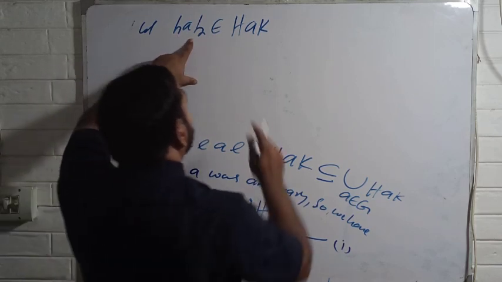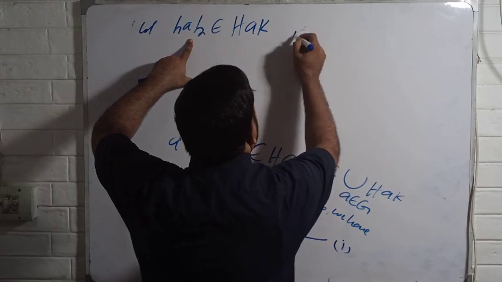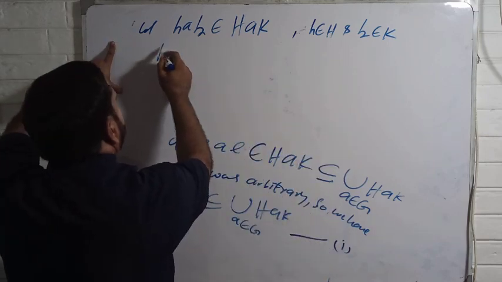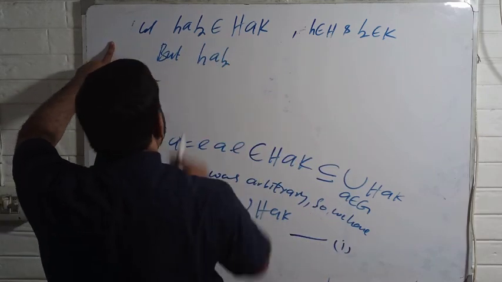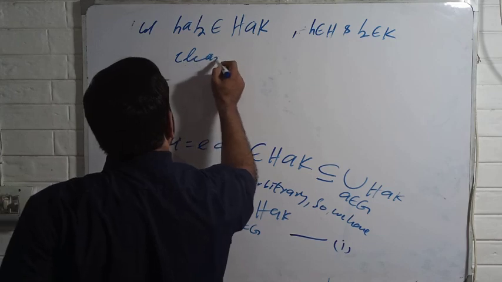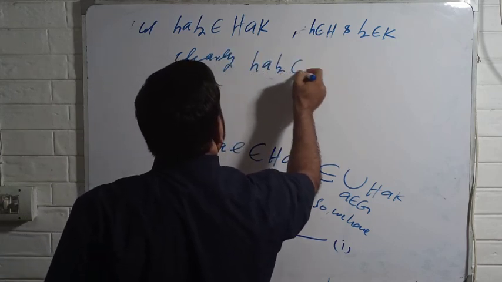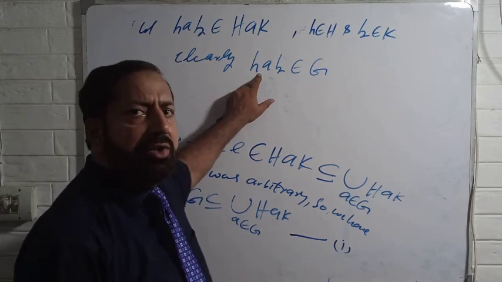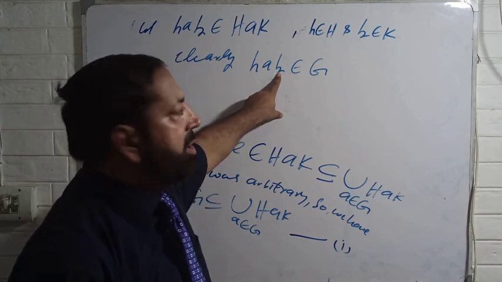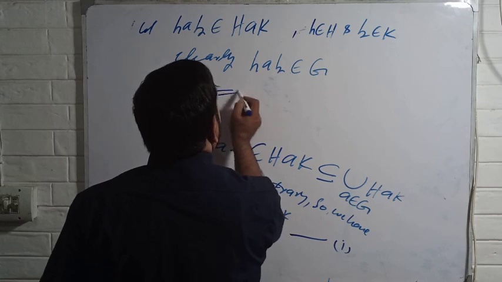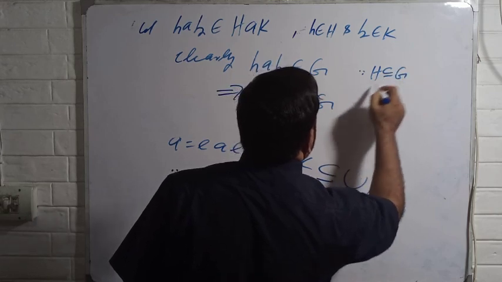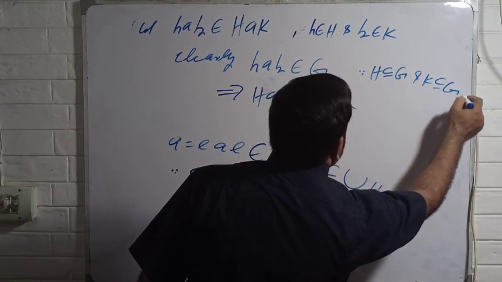So of course this is an element of HAK, where H belongs to capital H and K belongs to capital K. But clearly HAK belongs to capital G, since H is a subset of G, A is an element of G, and capital K is a subset of G. Because this is an element of G, this implies that HAK is a subset of G. Since H is a subset of G and K is a subset of G, this is trivial.